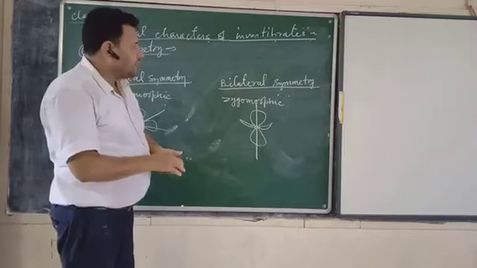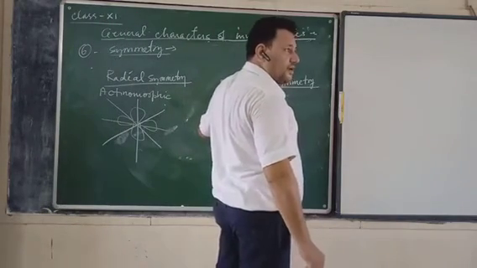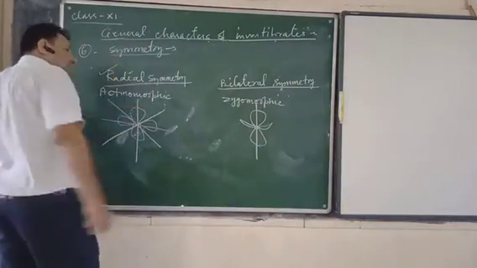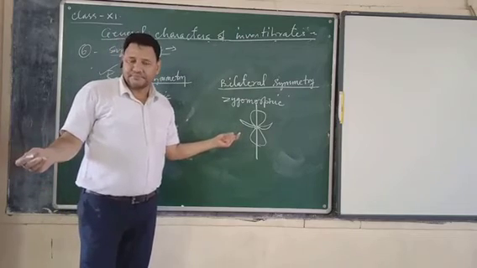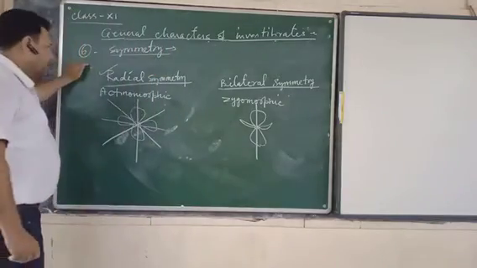So we are having bilateral symmetry. And where you can find this radial symmetry? Very simple. Starfish.